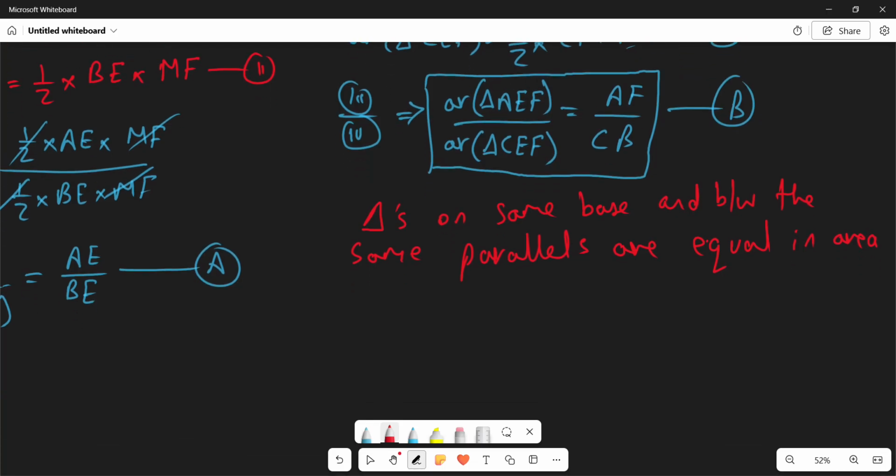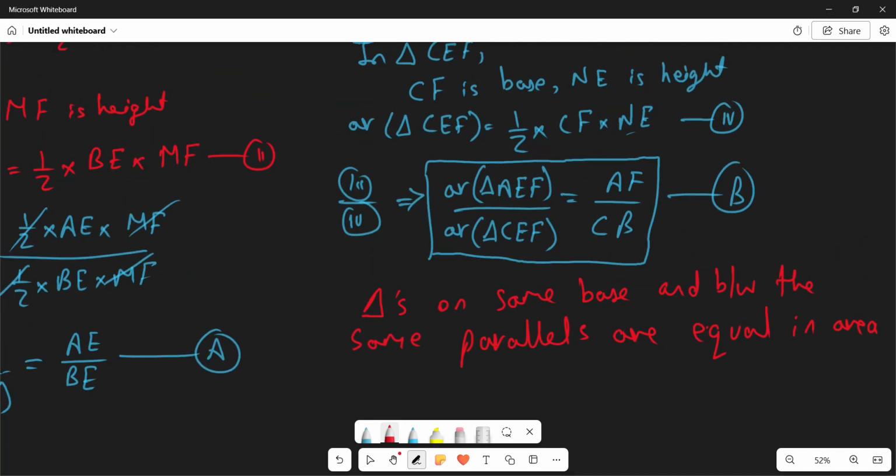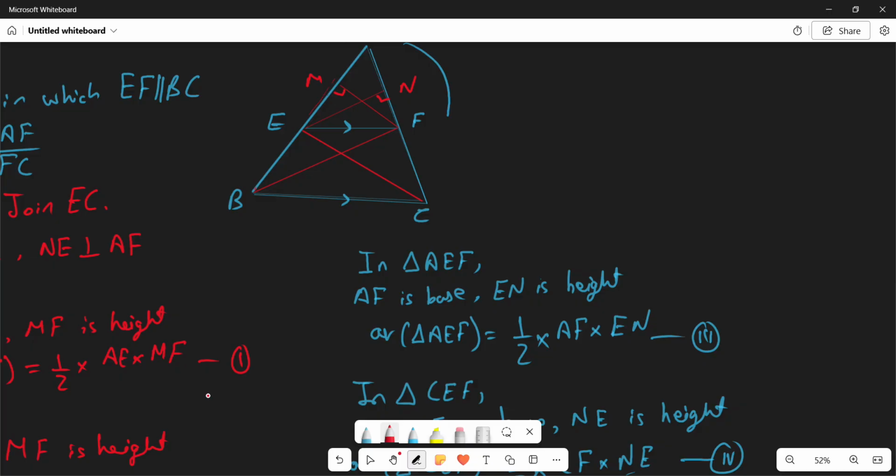So when we look at triangle CEF and triangle BEF, just have a look here. This is triangle BEF and this one is triangle CEF. They both are between the parallel lines EF and BC. These are the same two parallel lines where these two triangles lie, and EF is the same base for both the triangles.